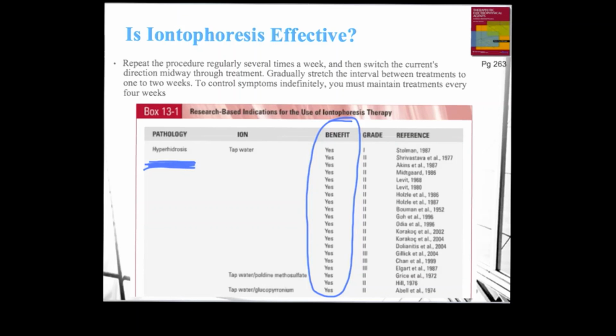So if a patient is having hyperhidrosis, we would use tap water over the active electrode and saline over the dispersive or negative electrode, and that is really going to zap those sweat glands initially. But like any kind of treatment, it's going to have to be carried over every few weeks for maintenance. So you're going to really somewhat destroy these glands and prevent them from sweating as much.